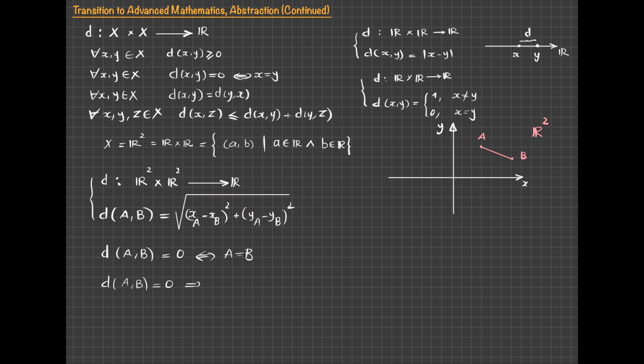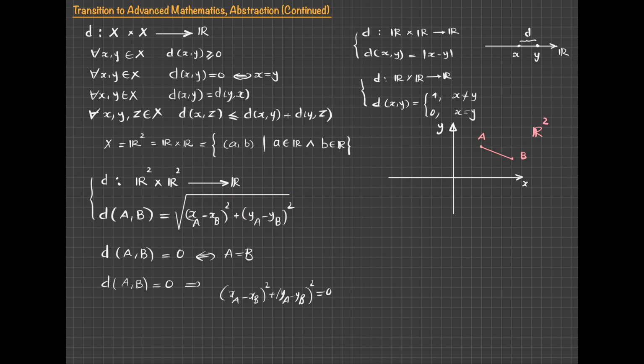So assume that someone tells me that the distance between two points A and B is equal to 0. What can I conclude? I can conclude that the square root of (x sub a minus x sub b) squared plus (y sub a minus y sub b) squared is equal to 0. Of course, I can get rid of the square root sign by raising both sides to power 2. So let me raise both sides to power 2. I get this one. But can I conclude that each one of them is individually equal to 0? In this case, the answer is yes.